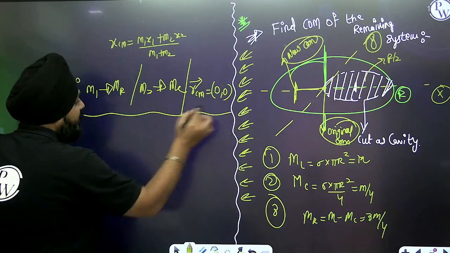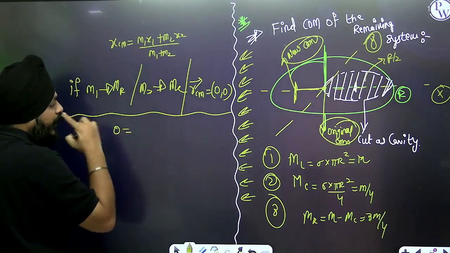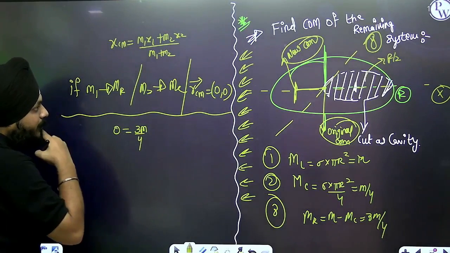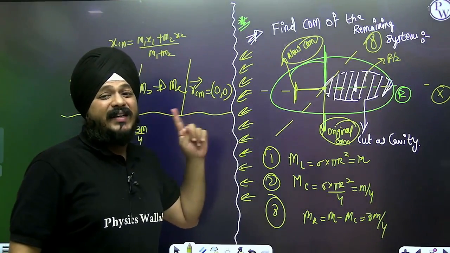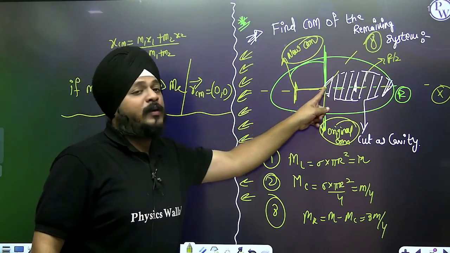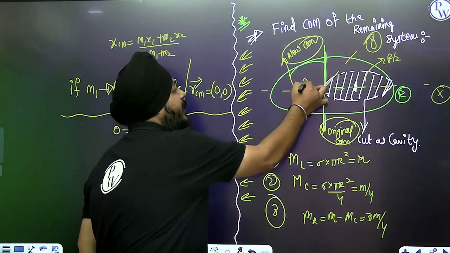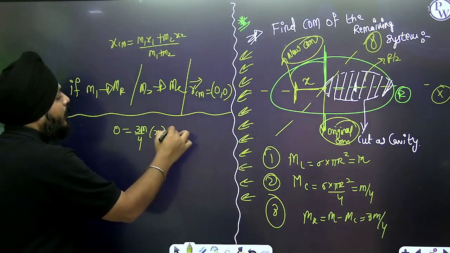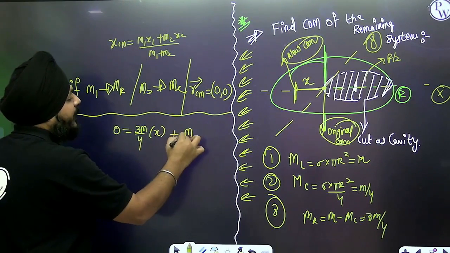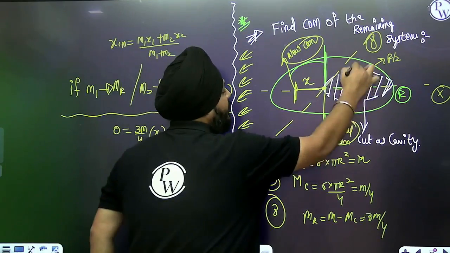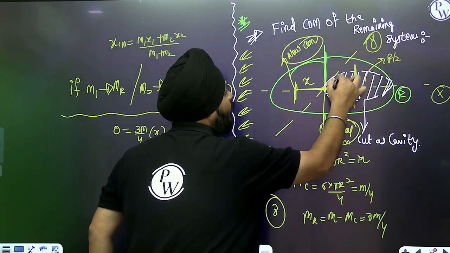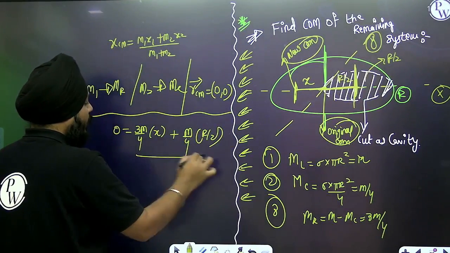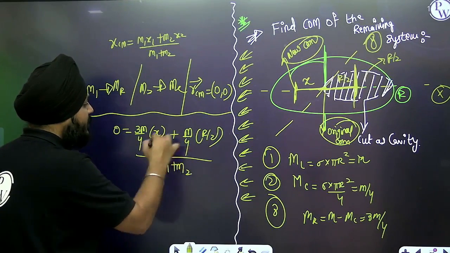How? 0 is equal to M1, mass of remaining disk, 3M by 4, times the distance of the center of mass of the remaining disk with respect to the reference. Let's say it is x, we need to find it out. Plus mass of cavity M by 4, times the distance of the center of mass of the cavity with respect to the reference point, which is r by 2. Whole divided by m1 plus m2, it is going to be 0.